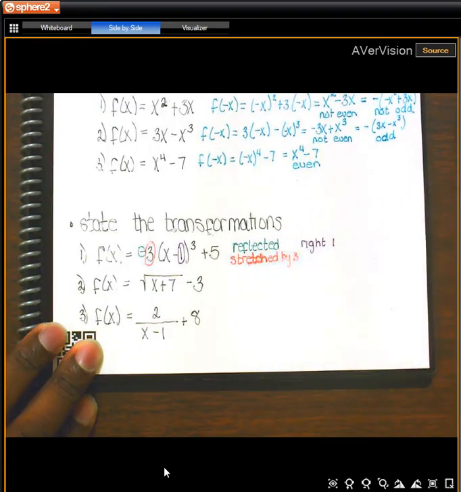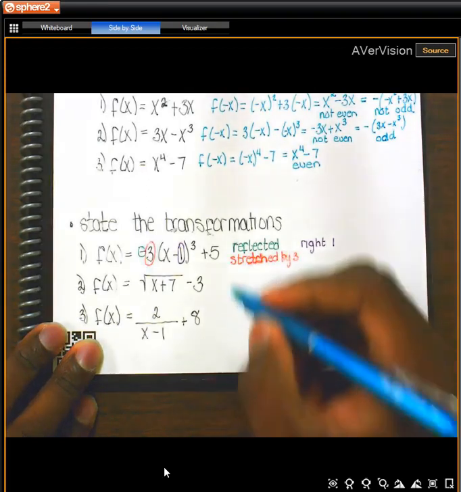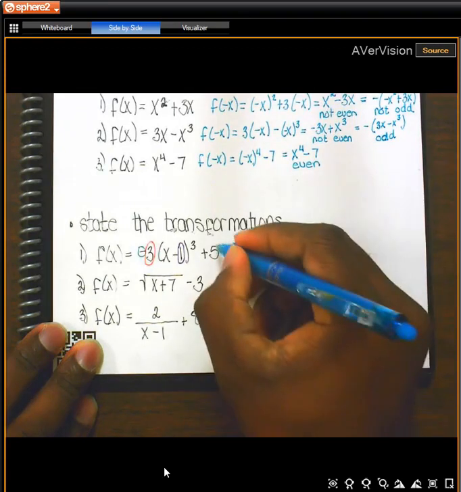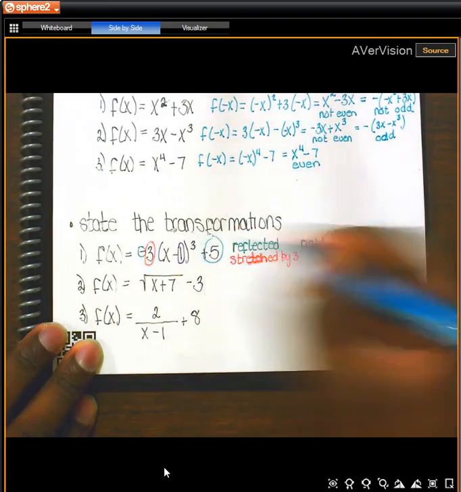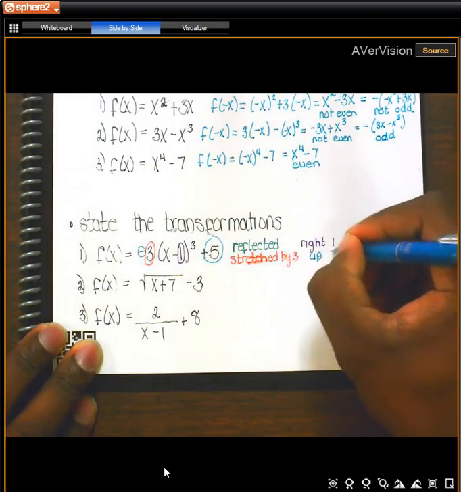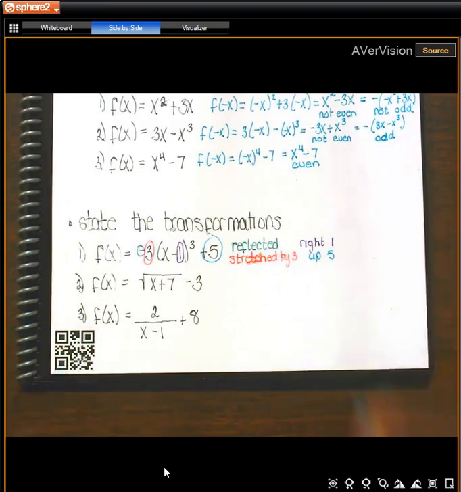Anything else? Any questions on number 1?